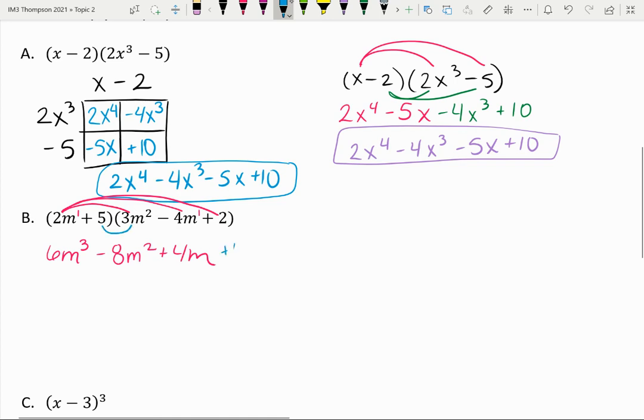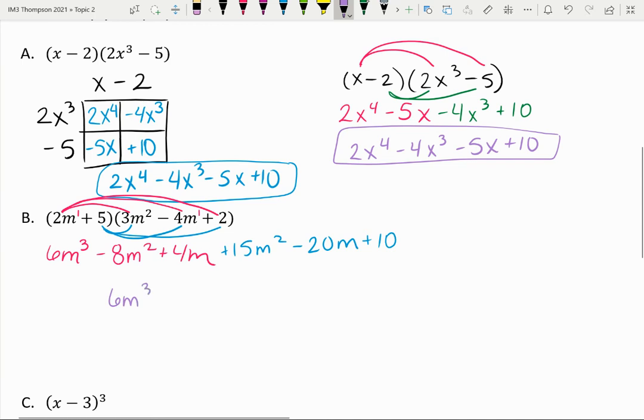Five times 3m squared gives me 15m squared. 5 times -4m is minus 20m. 5 times 2 is 10. Go through, combine like terms. Let's see, 6m cubed.